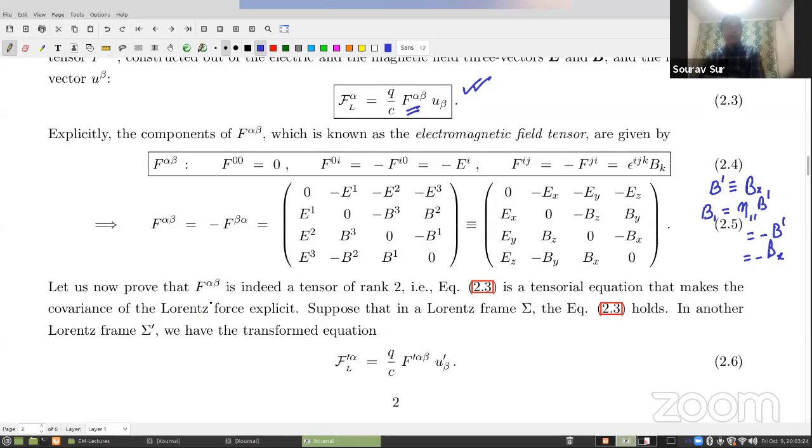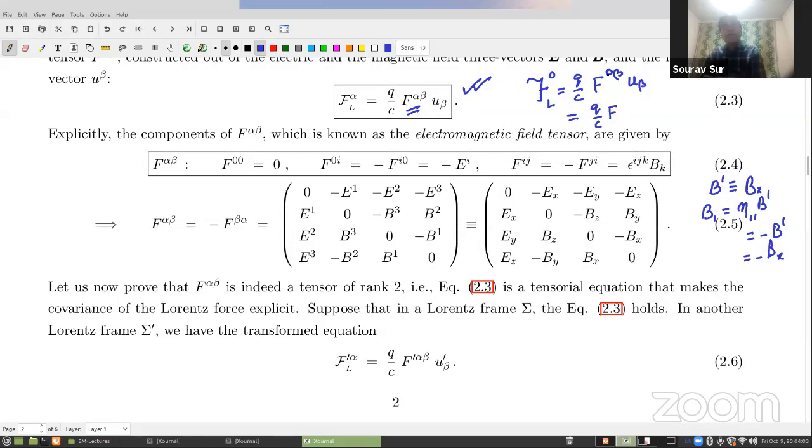Now, the first thing is that you have to verify that if you put it this way, so let's say you have F0 L. Then this is Q over C, F alpha beta U beta, where you're putting alpha equal to 0. Now F beta could be 0 or a space index.